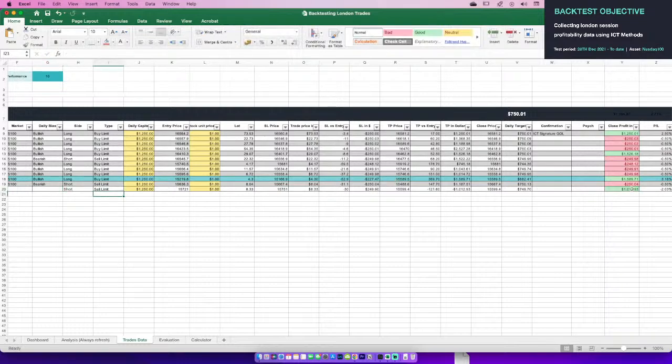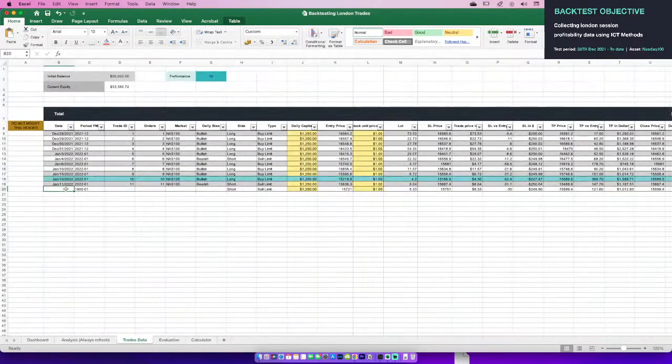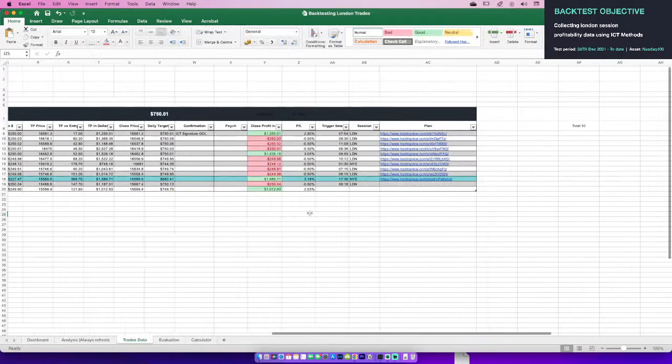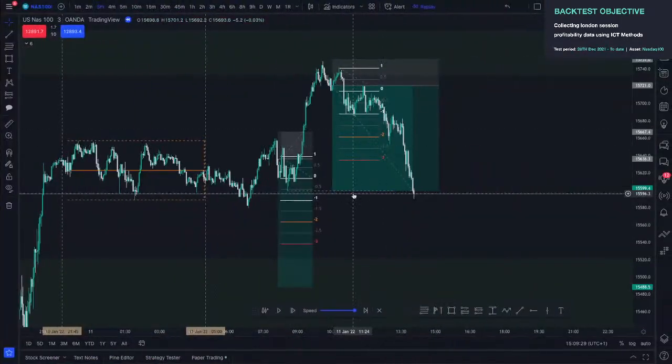Okay, so went back to green. And I can add the days. 11/01/2022. This was the 12th trade on NAS, and I was bearish. Okay, so now, sorry, what time was I triggered here?